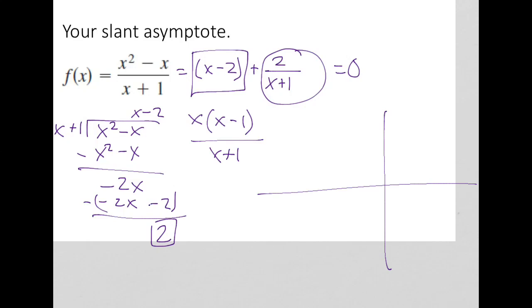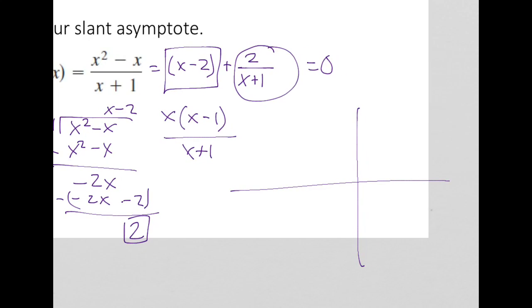So let's piece it together. I'm going to have a vertical asymptote at negative 1. My slant asymptote, we said, is going to be at x minus 2. So let's sketch that in now. It looks something along those lines. And let's see what else.